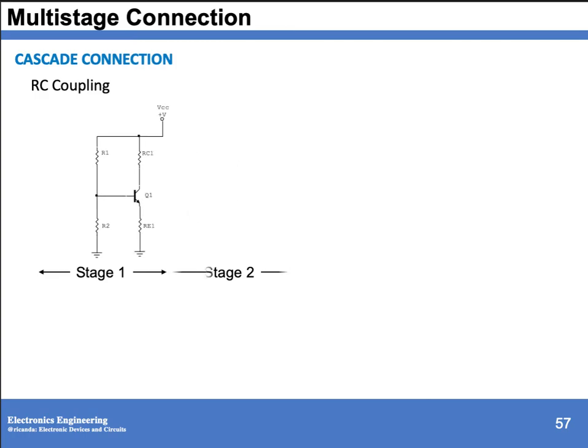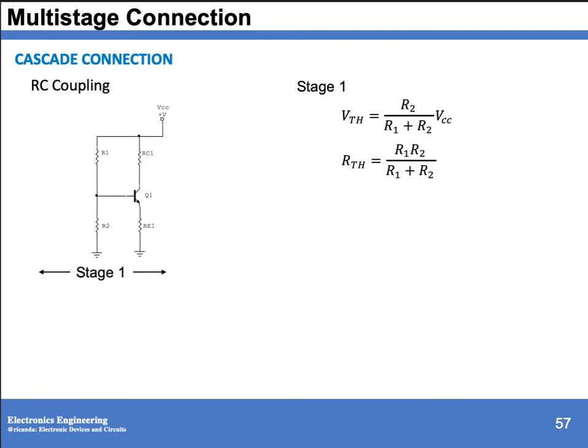For stage 1, that is a voltage divider bias. Since it is a voltage divider bias, we use Thevenin's theorem. First we get VTH as well as RTH, and then redraw the Thevenin equivalent circuit.